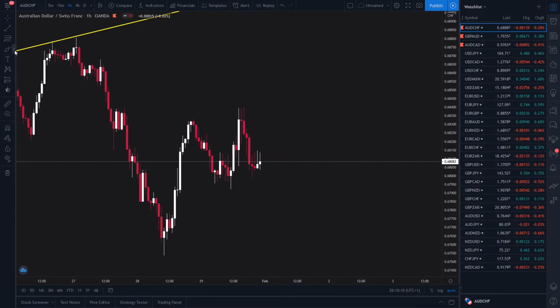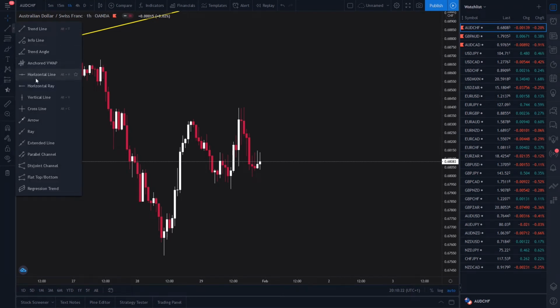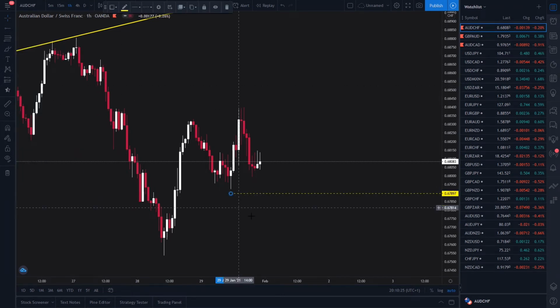The Monday matters because the pair could shoot up on Monday or could shoot down on Monday. So we need to set our trading plan and how we will trade this pair. So let's pin it here and let's pin it here.